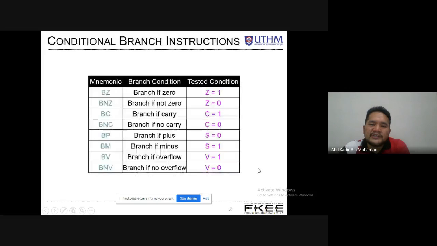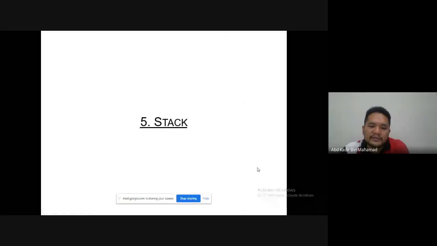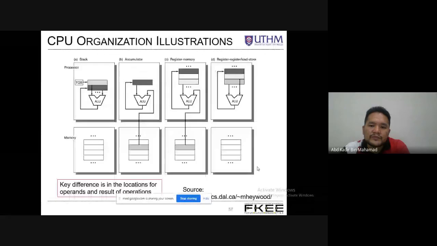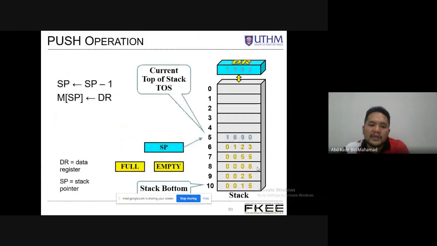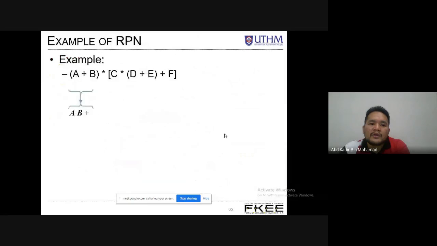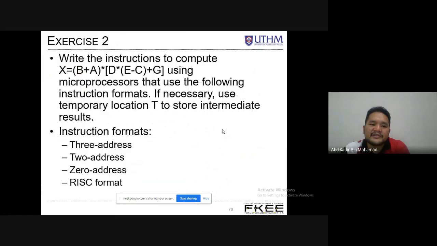Conditional branch instruction, I don't want to go in depth. Also the stack is not so important. Okay, that's all for chapter 6. The rest is just exercise.